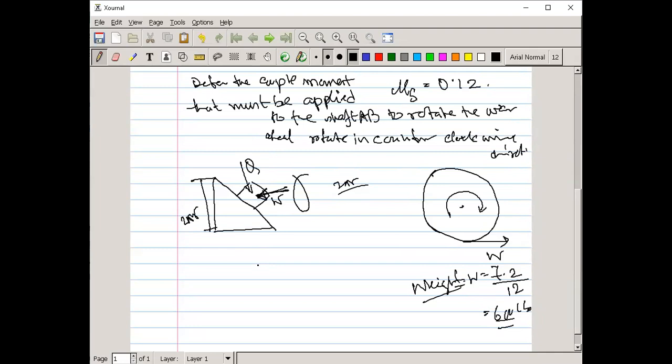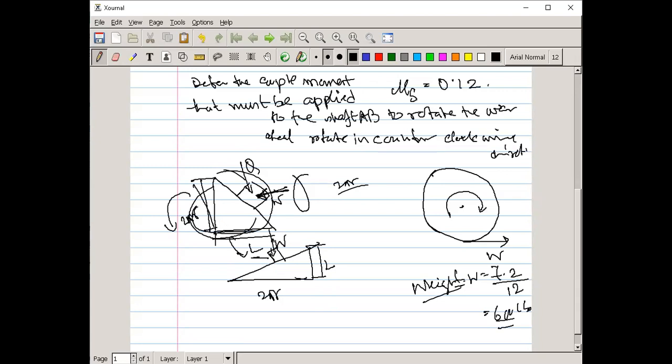Now as it rotates, first we have to find out that if this is 2 pi r, we just rotate this figure in this direction, so this is 2 pi r. Okay, and this one is your lead L. Just rotate this figure, then W is the upward side, and this one is your Q, right?